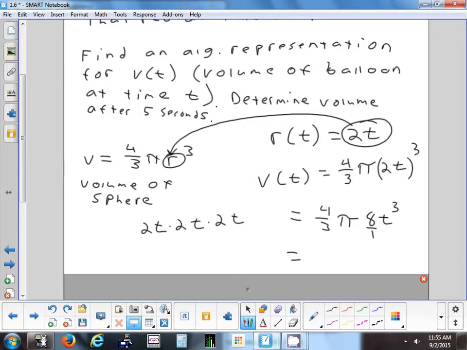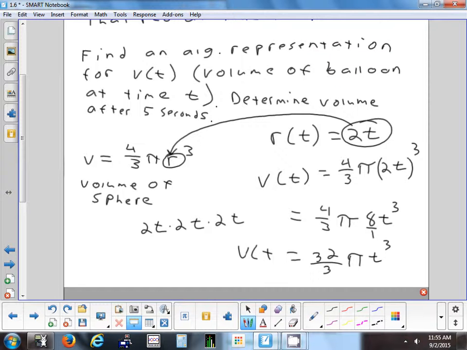Okay, and how'd you get that? 4 times 8 divided by 3, so you wrote it as a mixed number? That's fine. You don't even have to go that far. Just leave it as 32 thirds. That's fine. So 8 times 4 is 32 thirds pi t cubed. So there's your V of t.